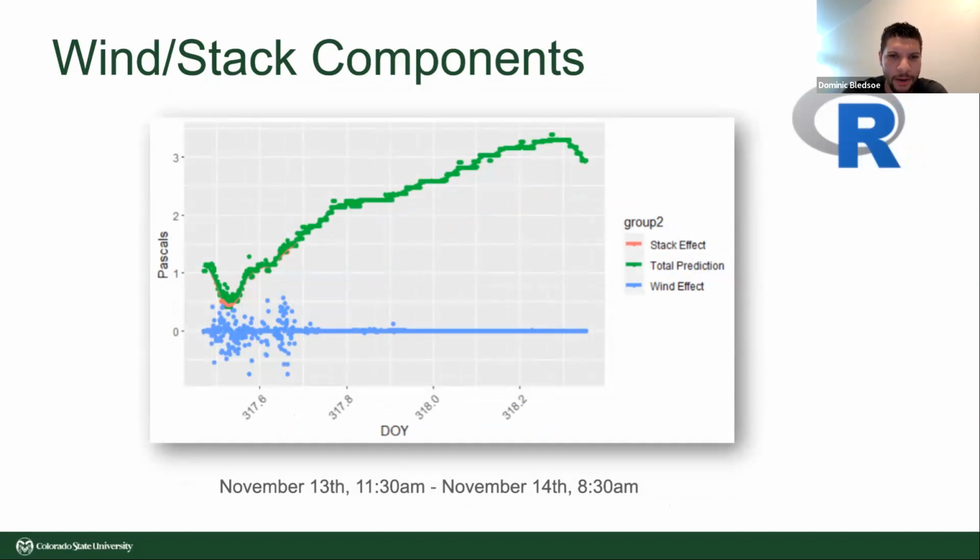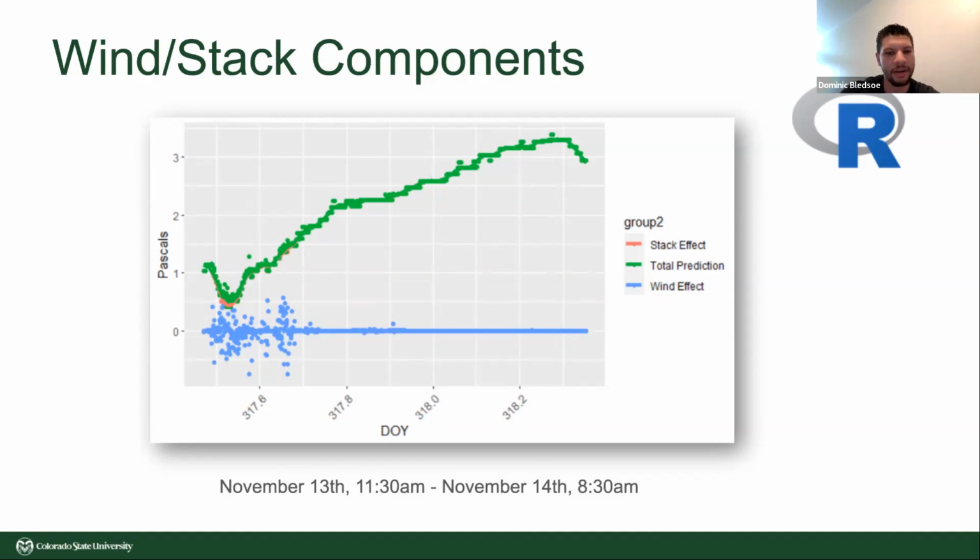Green is the predicted output that we had from the previous graph. In blue, we have the wind effect, and red, you can't really see it because it's almost overlaid by the total, but that is our stack effect.